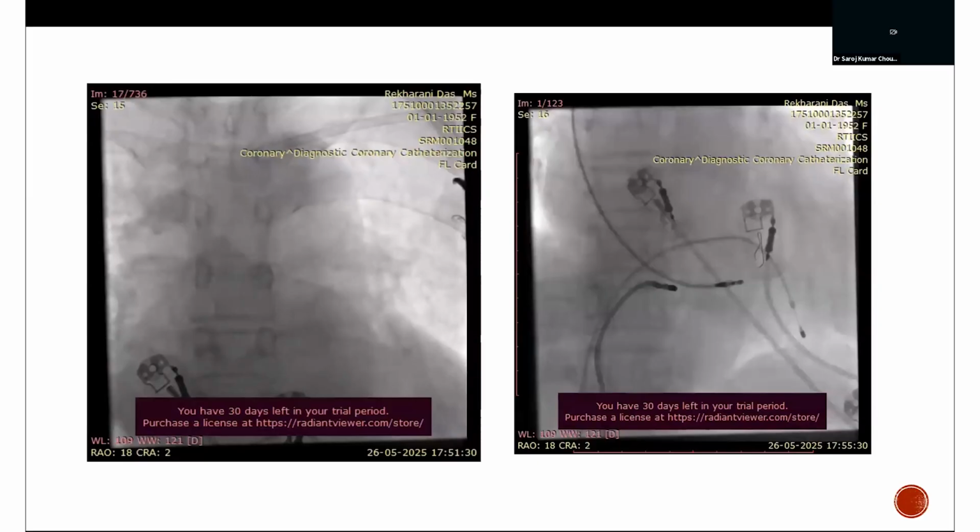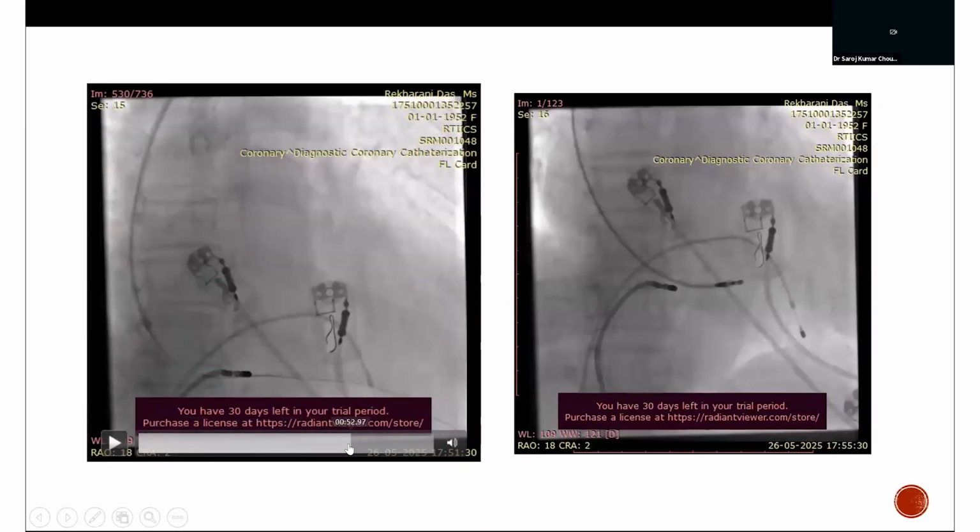First, the sheath and dilator combination is taken over the wire into the LV.